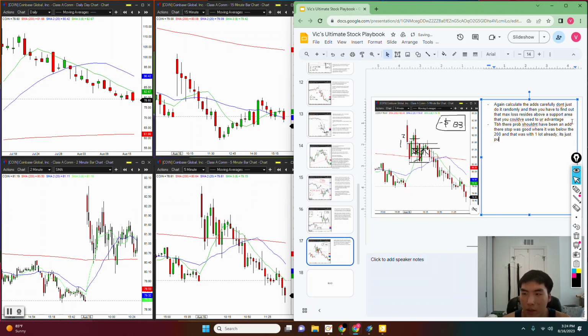It's just pure common sense that adding one lot above would lead me to pull in my stop tighter above 200, where I'm more likely to stop out.